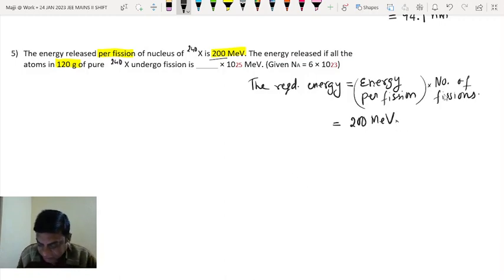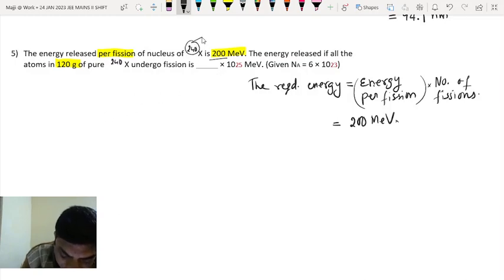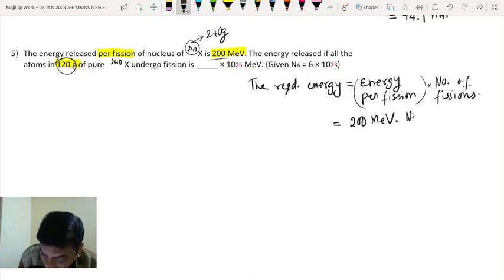Now the number of fissions means the number of atoms. You see the mass number, which can also be taken as the atomic mass, is 240 grams. And the mass is this. So I can write number of fissions is equal to number of atoms.